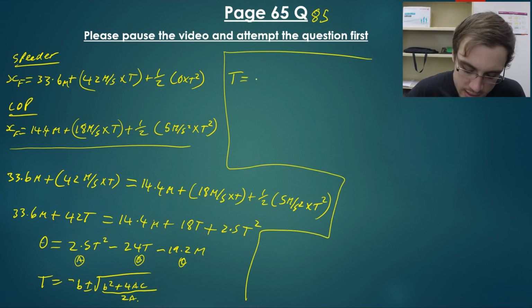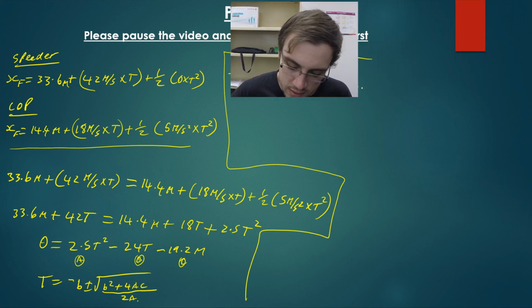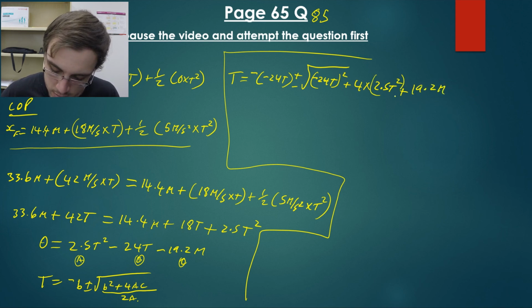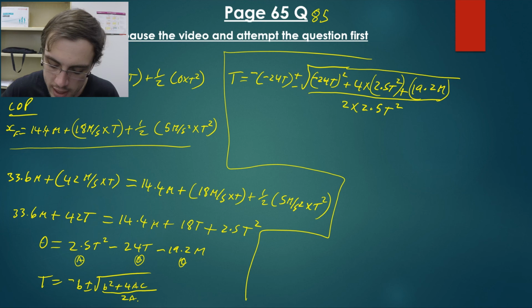So we're going to have t is equal to negative, because don't forget it is a negative here, plus minus the square root of b squared, so negative 24 squared, plus 4 times 2.5, plus 19.2, divided by 2a, so 2 times 2.5.